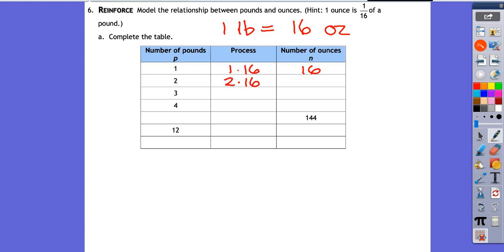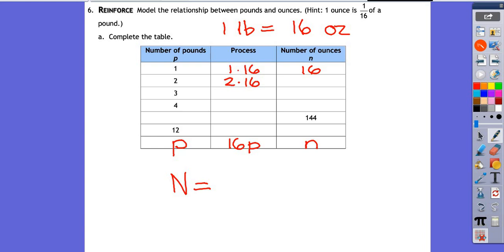I'm going to stop there and jump down to the bottom of the table where I have P and N. What is happening every time to P to produce N? It's being multiplied by 16. So what is my equation then?